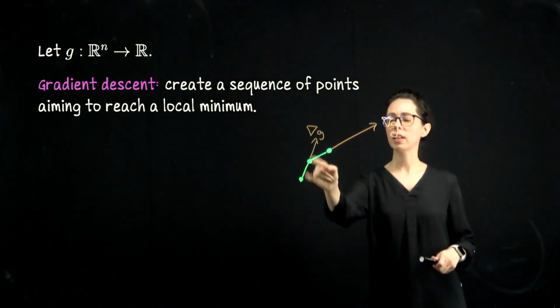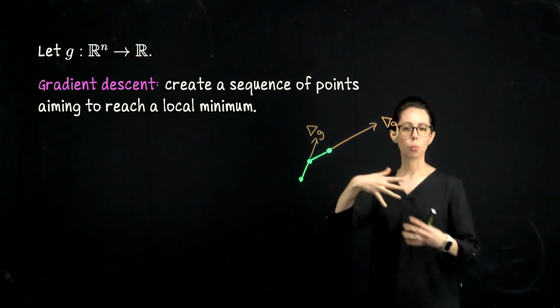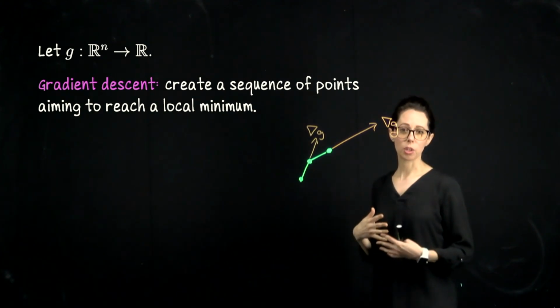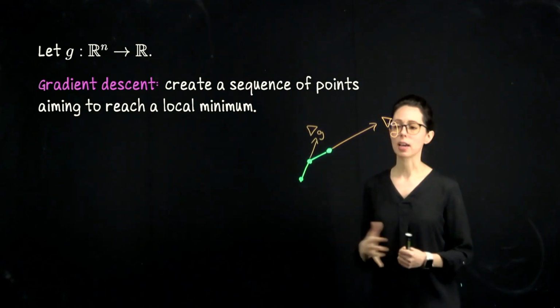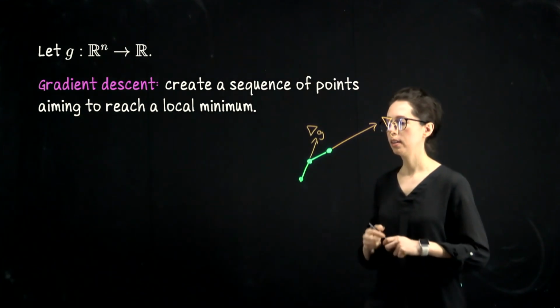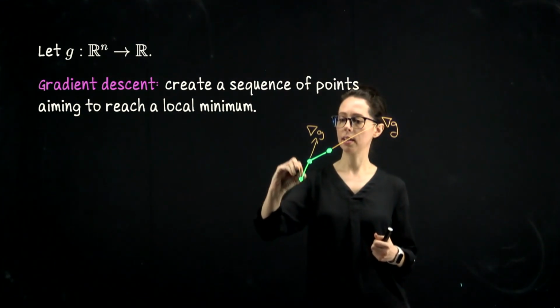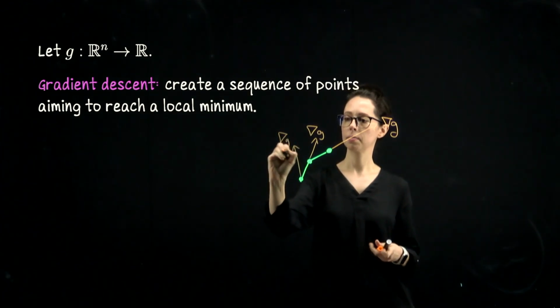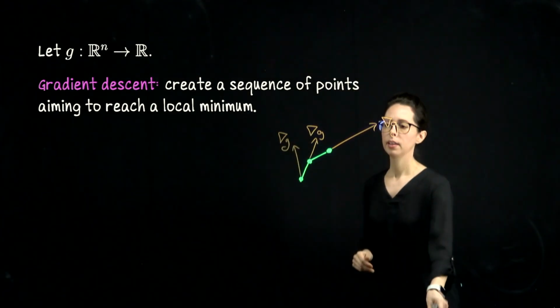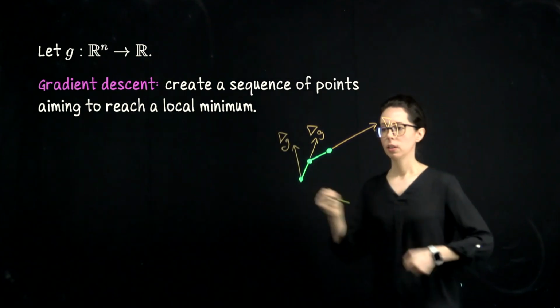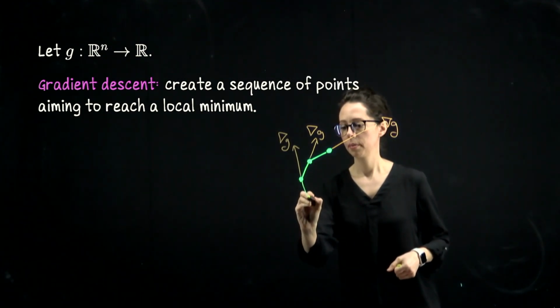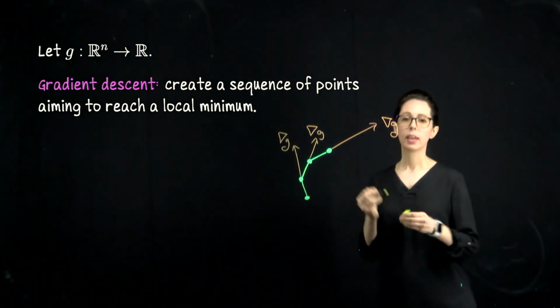And here I've taken relatively the same step size. What your step size should be is something that you might want to assess if you were actually writing this algorithm. And then here, my gradient is, let's say, like this. So if I want to decrease, what I could do is step like that, et cetera, et cetera.